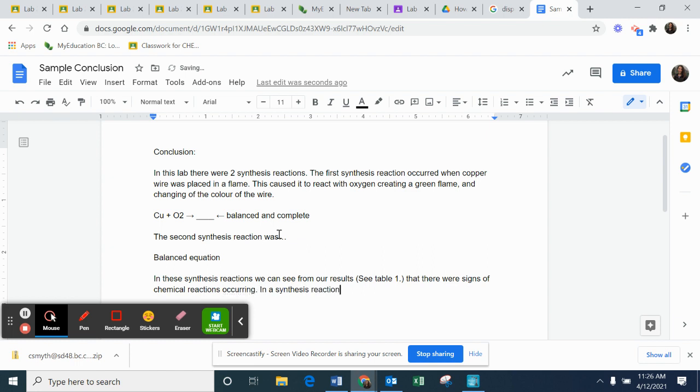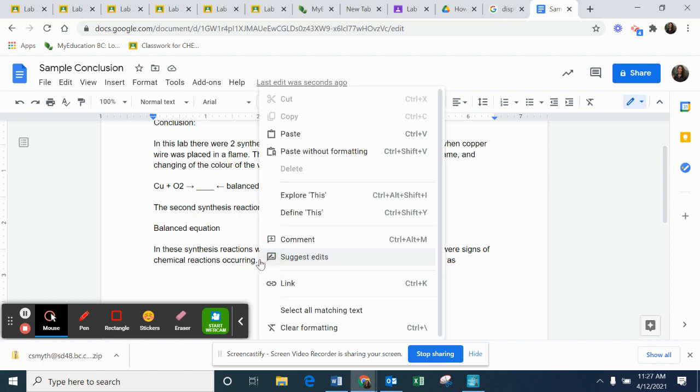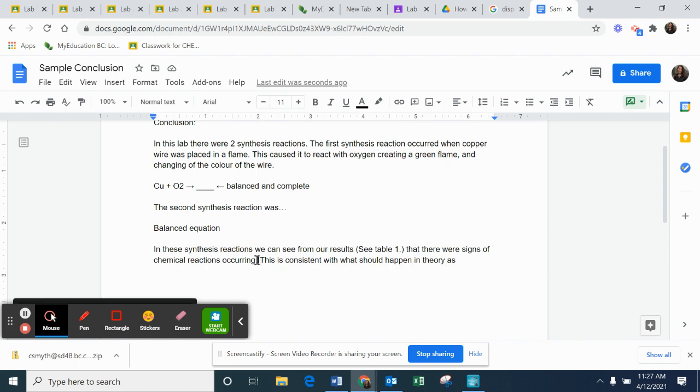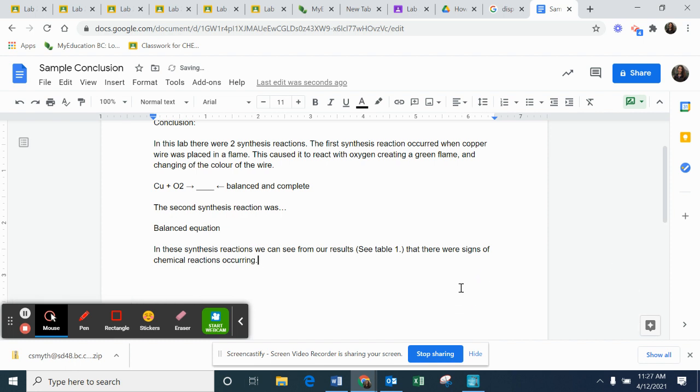This is consistent with what should happen in theory. Oh, I was thinking about single replacement reactions, so maybe don't include that there. But in your single replacement ones, you could write, this is what should happen in theory, because we know that copper has a higher activity than iron based on our activity chart.